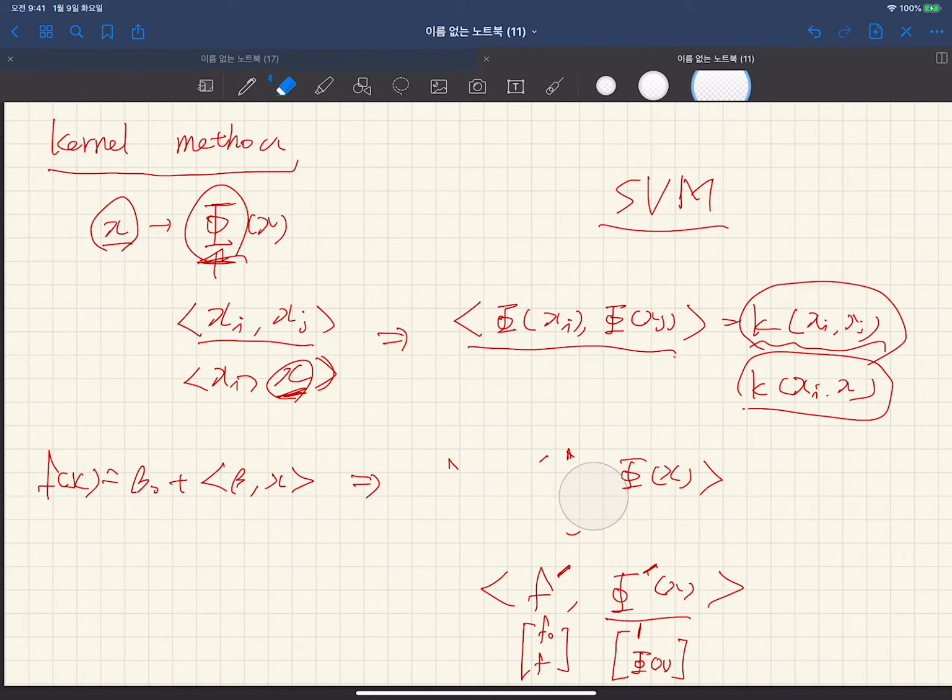Then essentially the previous equation becomes the inner product of f prime and φ prime of x. So from this I will use the inner product of f and φ(x) as the linear regression function.